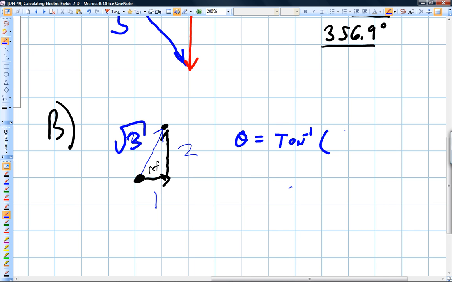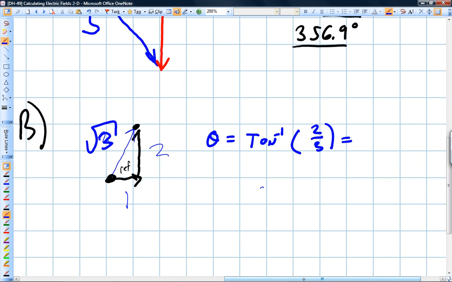But the inverse tangent of 2 divided by 3, and that's going to give you an angle of 63.4 degrees. And an overall direction that is also 63.4 degrees.